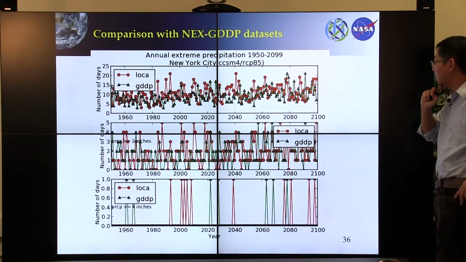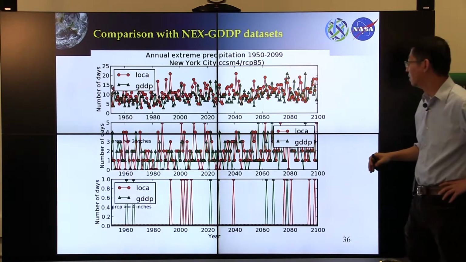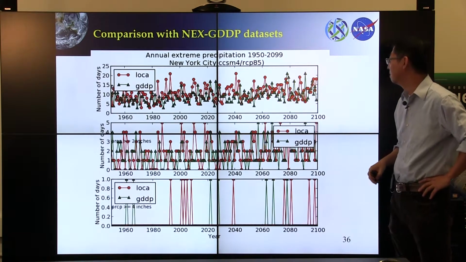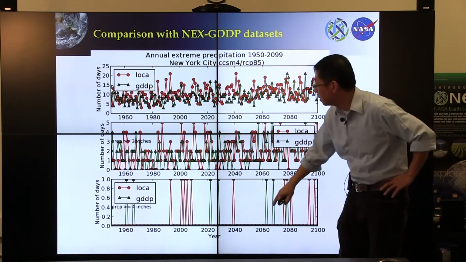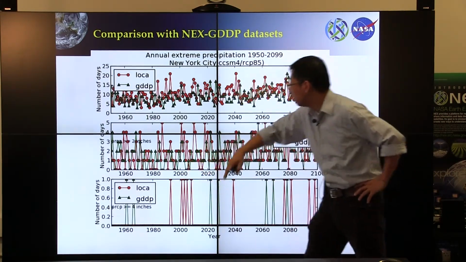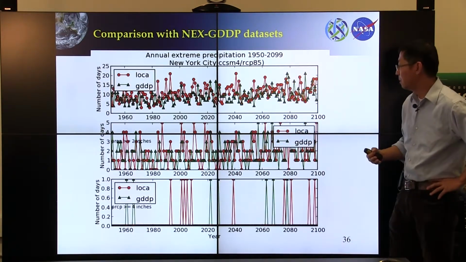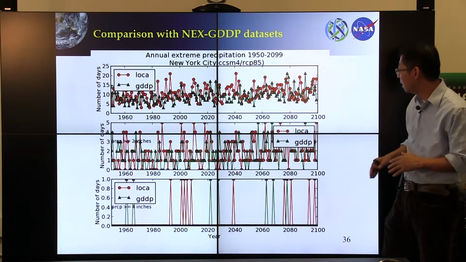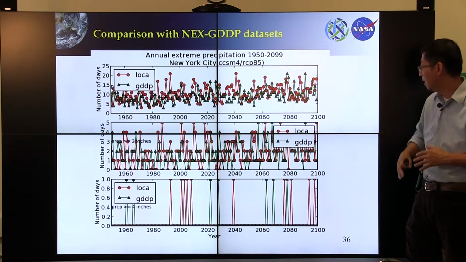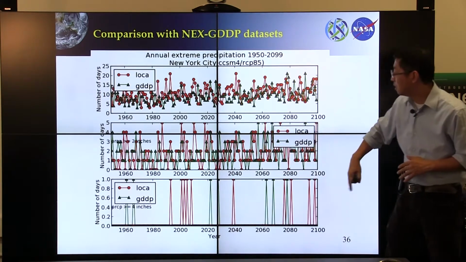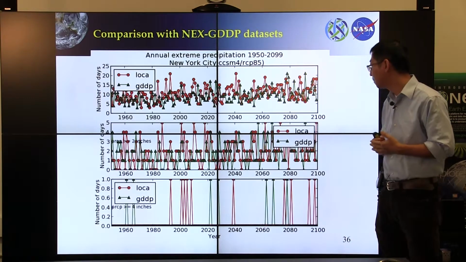Precipitation, it's hard to tell. I would call them statistically pretty comparable. Of course, you can notice sometimes GDDP shows extreme precipitation at one time, but LOCA shows it at a different time period. But that's not the point. The point is the frequency or the magnitude of those extreme precipitations appears here to be pretty similar in terms of the characteristics.